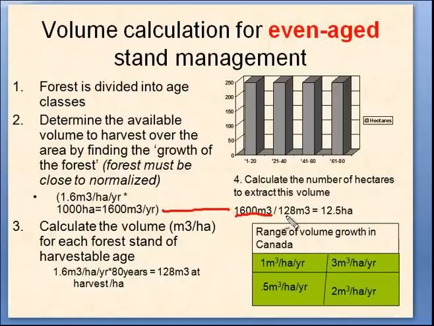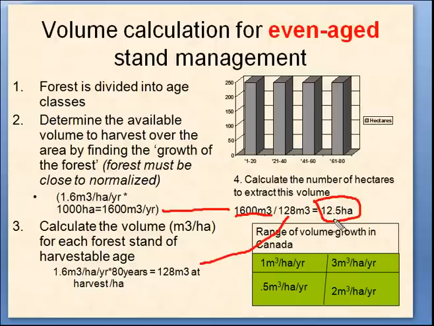We know that 1 hectare of forest produces 128 meters cubed at 80 years. So therefore, if we divide the amount of volume in an 80-year-old forest into 1,600, that tells us we can harvest per year 12.5 hectares.